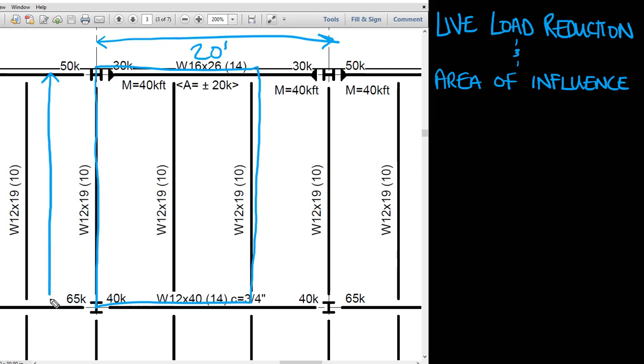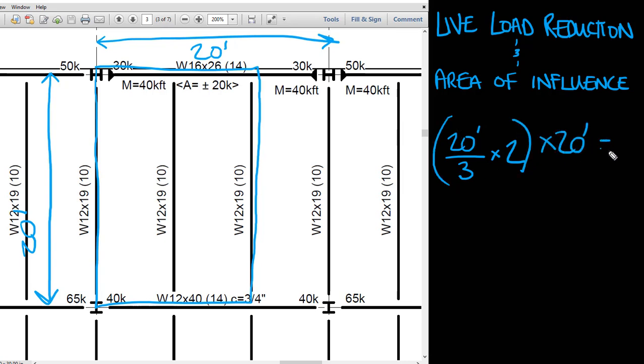And this is also 20 feet. And so to calculate that area of influence, we have 20 divided by 3 spaces times 2 spaces times 20 feet in length gives us 267 square feet.